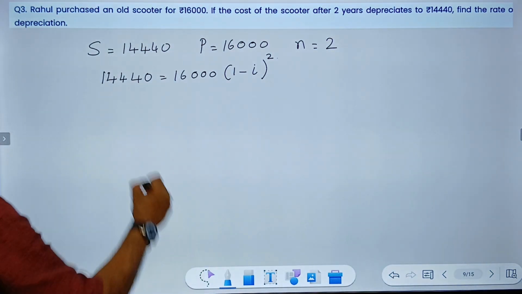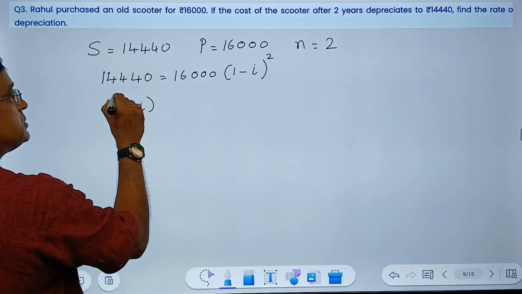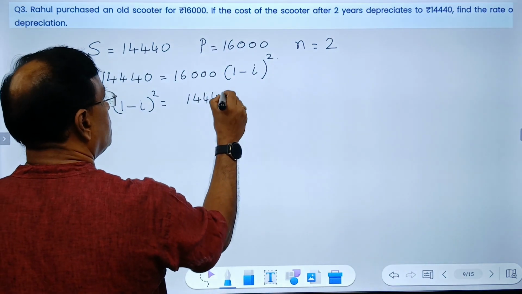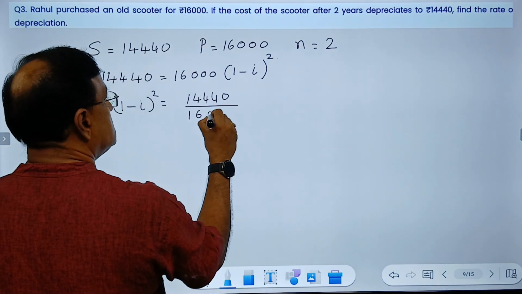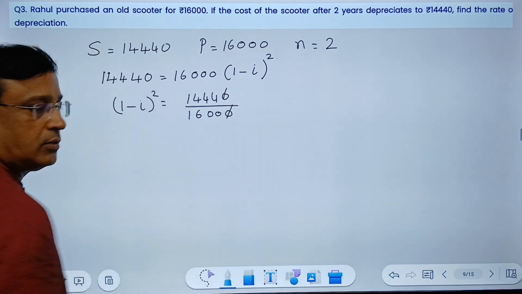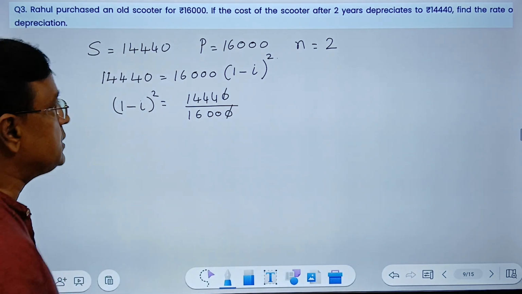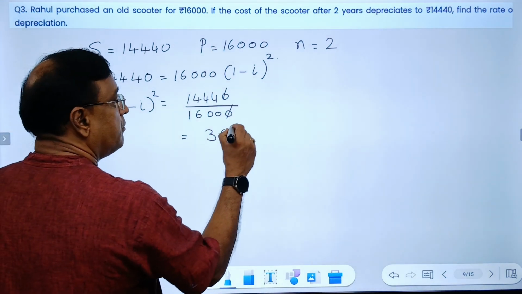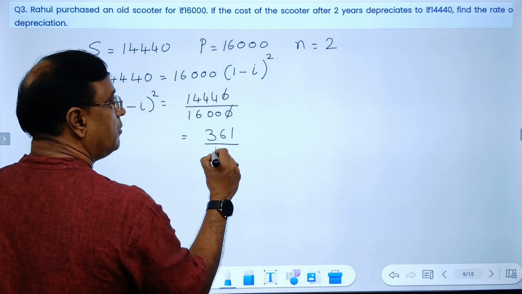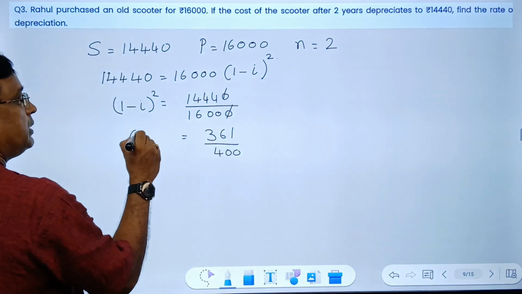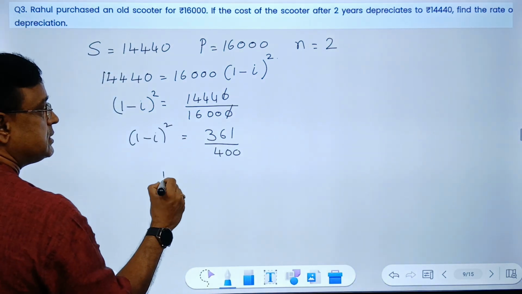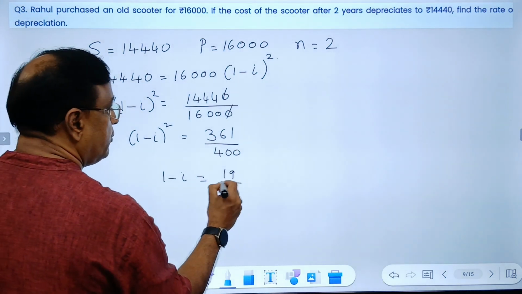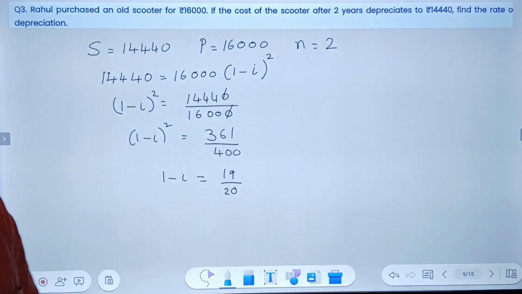So (1 - I) the whole square is equal to 14440 by 16000. Upon simplification, I am getting 361 by 400, dividing by 40. By taking square root on both sides, I get 1 - I equal to 19 by 20.